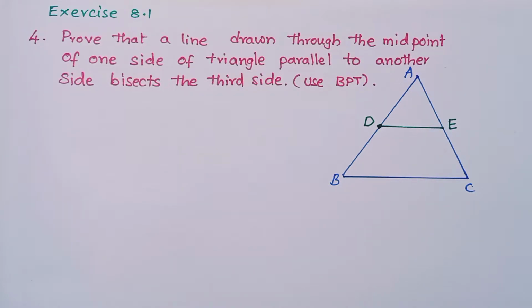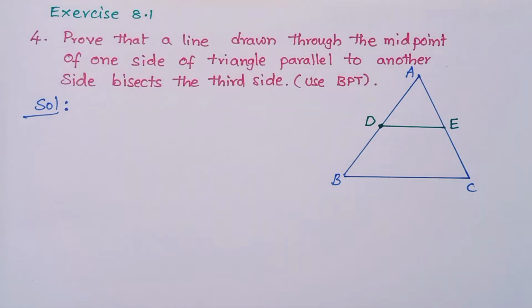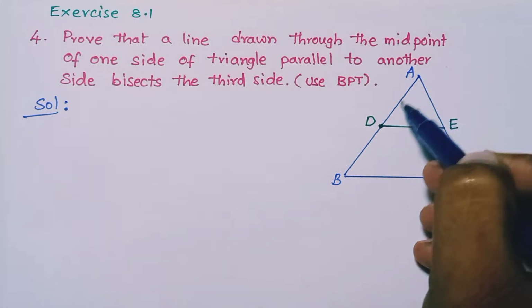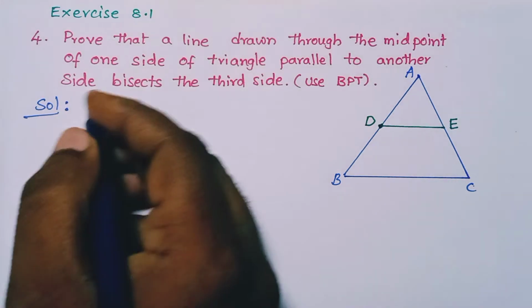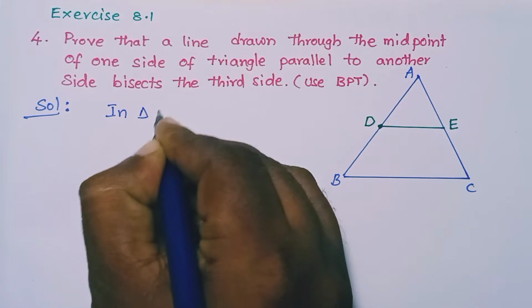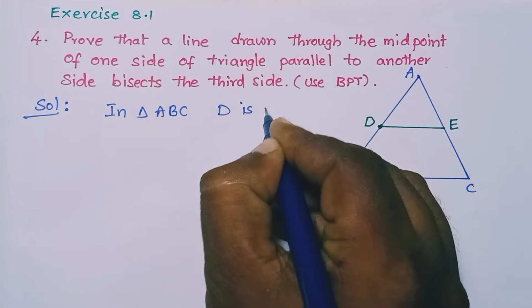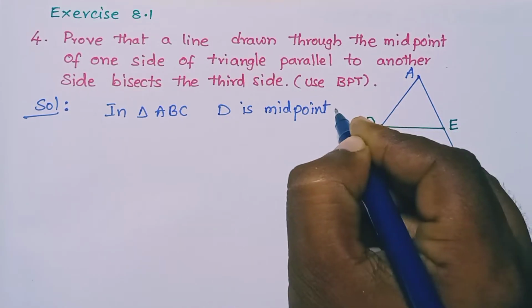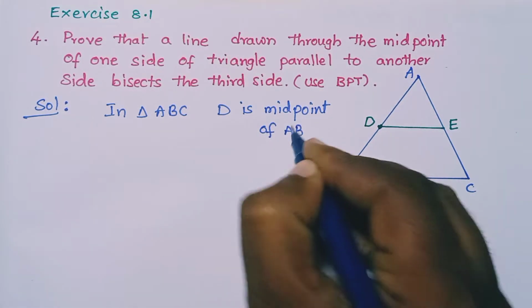See, dear students, what is given here? In this triangle ABC, D is the midpoint of AB.